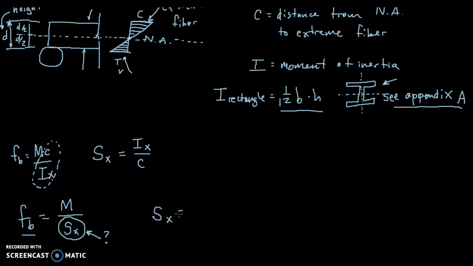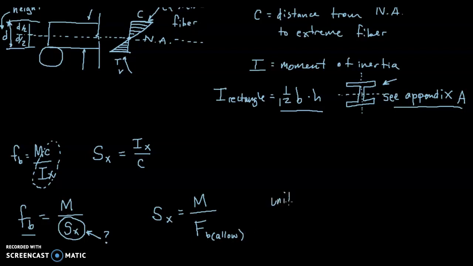S sub x is equal to moment divided by, and when we're given an allowable stress, we tend to use a capital F for that because it's a fixed amount. F sub b to indicate we're still talking about bending stress, followed by, in parentheses, allowable, or just allow. So whatever the moment is divided by the allowable stress gives us the required section modulus.